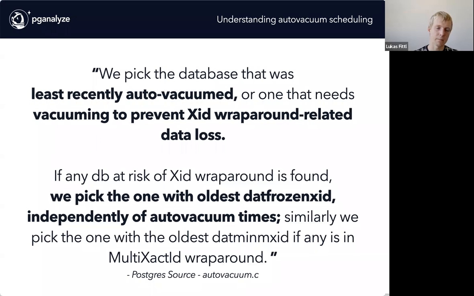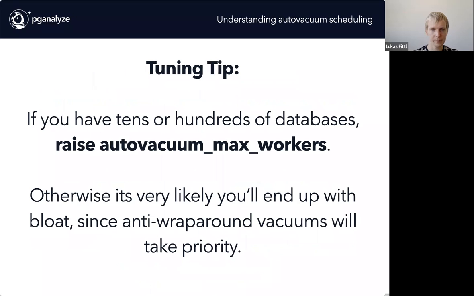The exception would be if transaction ID wraparound gives us a reason to keep looking at the same database. If we find databases with transaction wraparound problems, then we look at the oldest one independently of when the last Autovacuum happened, right? So there's this idea that we try to find the most urgent database to look at, and then we start working on it.